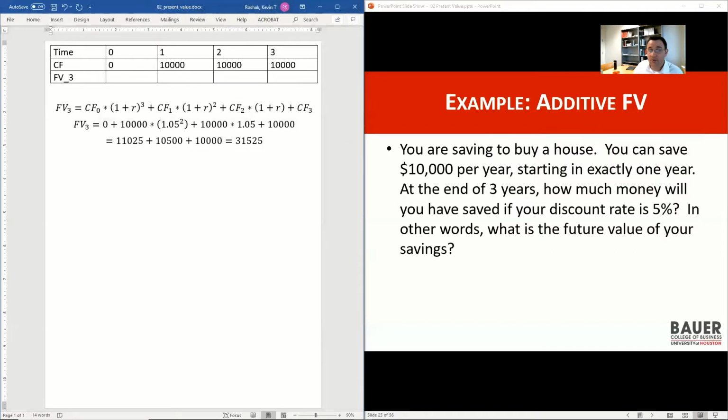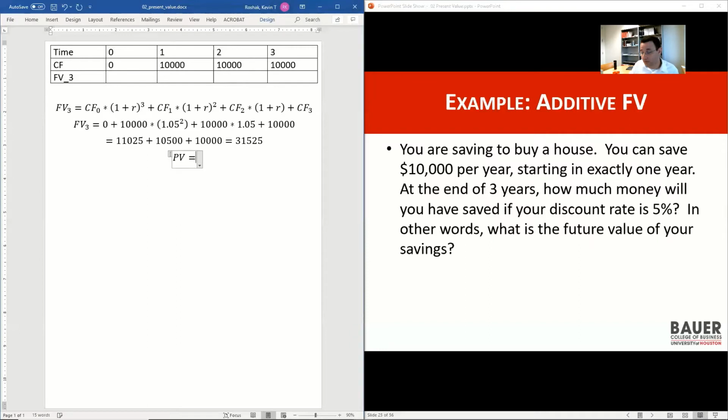Another way to do this, you should be able to check, is to calculate the present value of all of these cash flows. Okay, so instead of moving them all to time 3, what you could do is move all of those cash flows to time 0. Okay, so let me show you what you would get there.